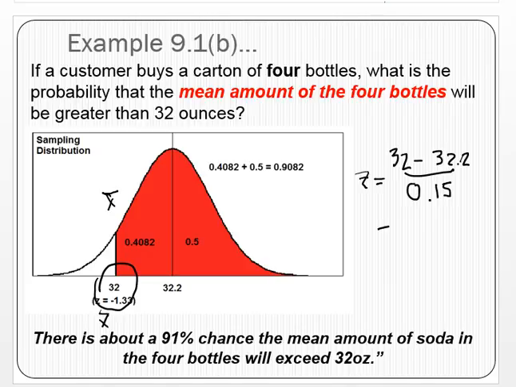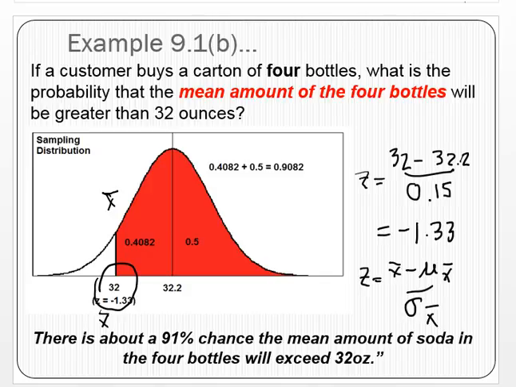And when you do that math, that is negative 1.33. And again, the formula, which is an important formula, we're going to come up with this quite a bit: z equals the X bar value, minus the mean of the X bars, over the standard deviation, sigma of the X bars.